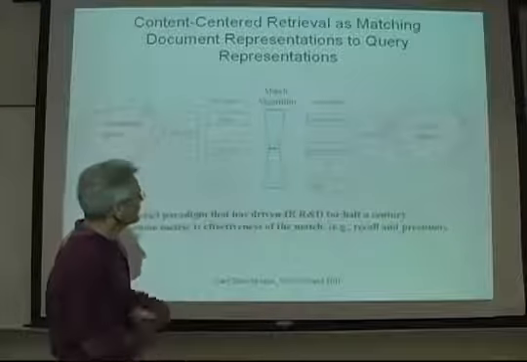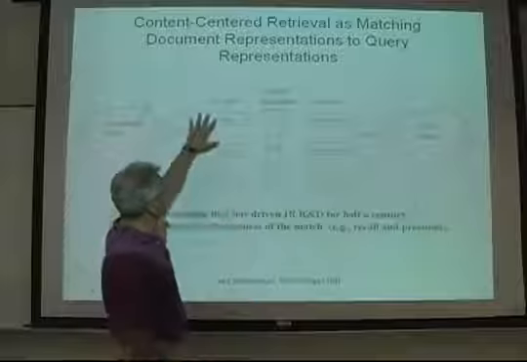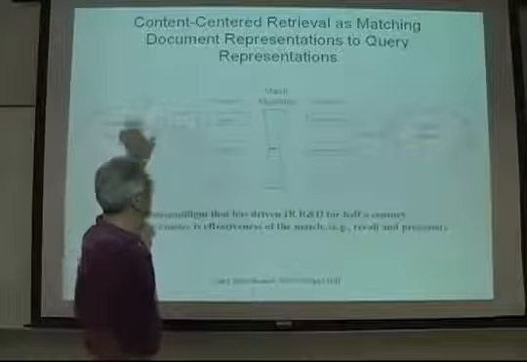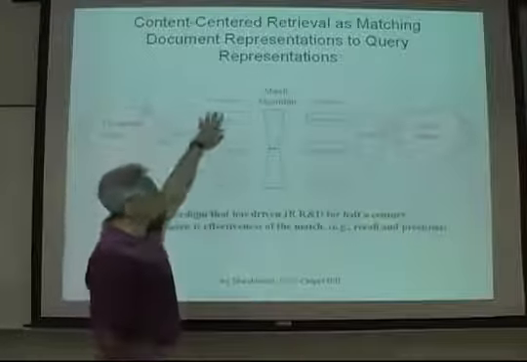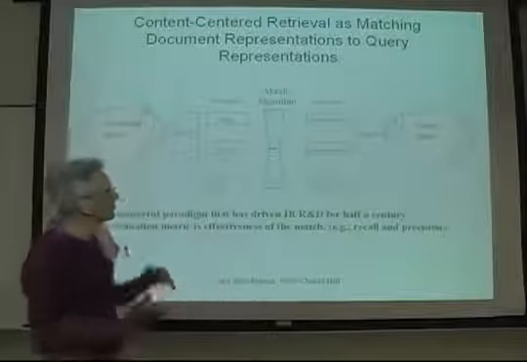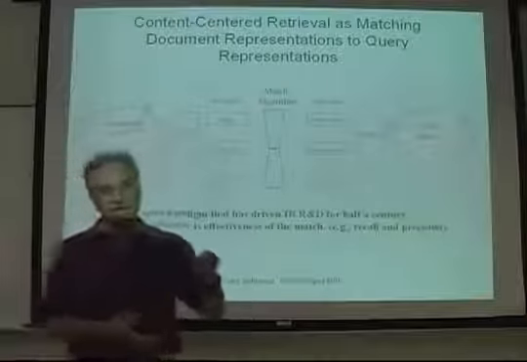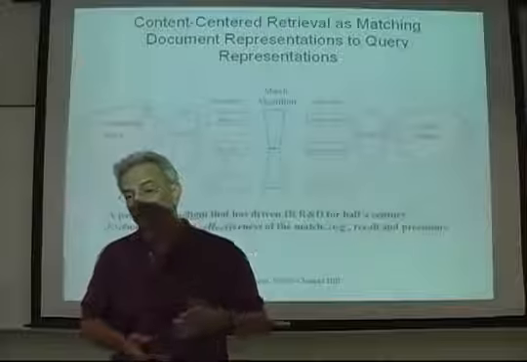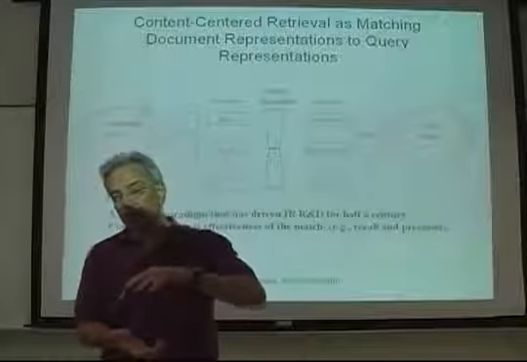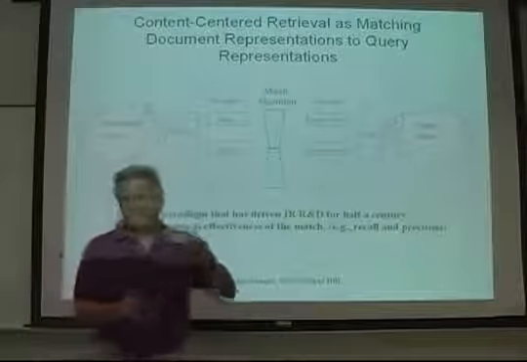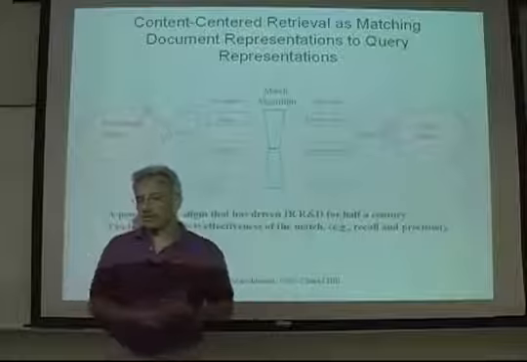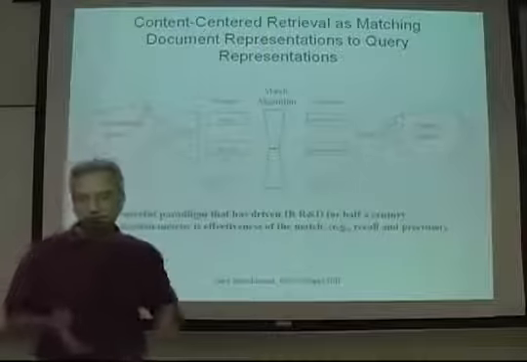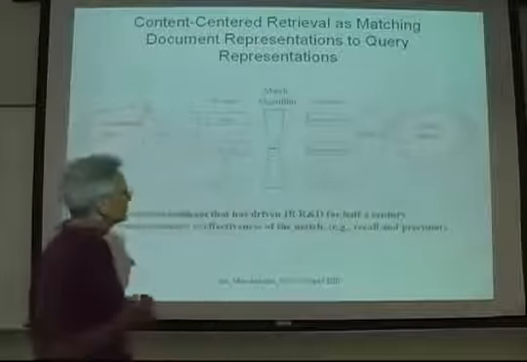Okay? So in order to do that, for the samples of the documents, we create what I'll call surrogates. These are representations for that document space. A representation for a database might be the data dictionary, or the entity relationship diagram, the various tables, the fields that compose those tables, and so on.